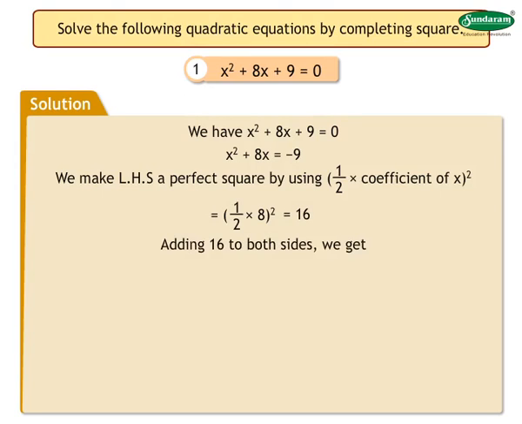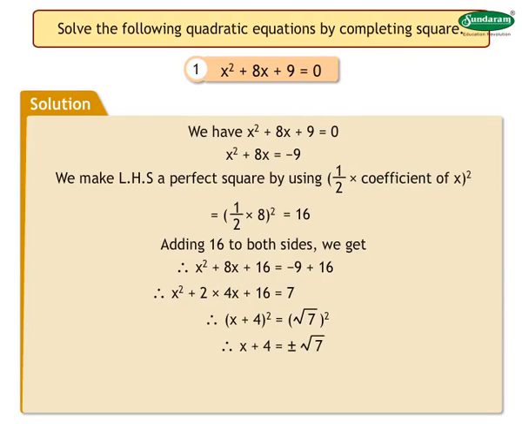Adding 16 to both sides, we get x² + 8x + 16 = -9 + 16. x² + 2·4x + 16 = 7. (x + 4)² = (√7)². x + 4 = ±√7. x = -4 + √7 or x = -4 - √7.